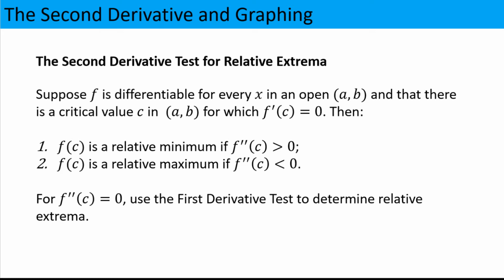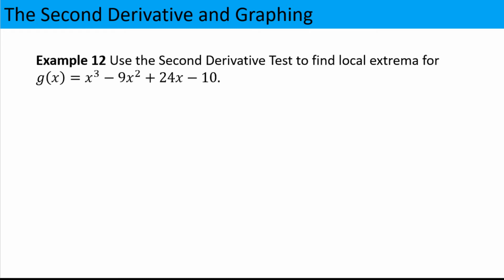Then 1. f of c is a relative minimum if f double prime of c is positive. And 2. f of c is a relative maximum if f double prime of c is negative. For f double prime of c equal to 0, use the first derivative test to determine extrema.